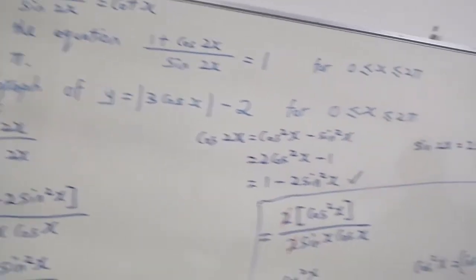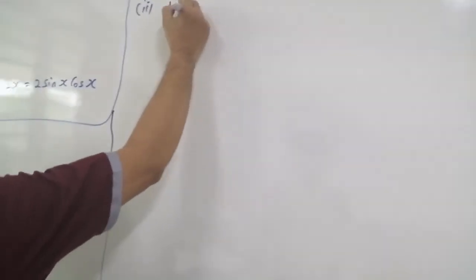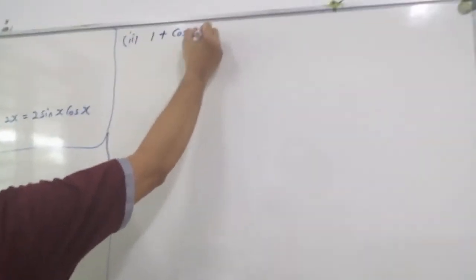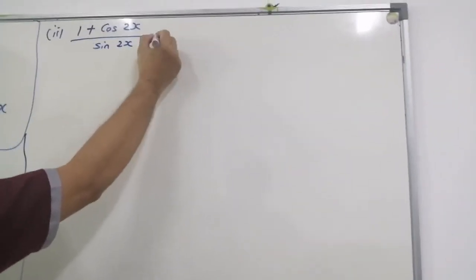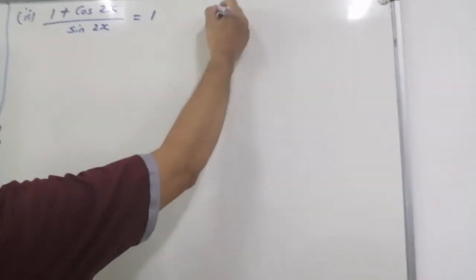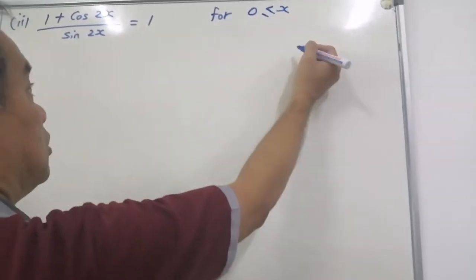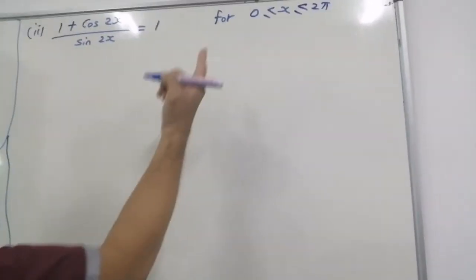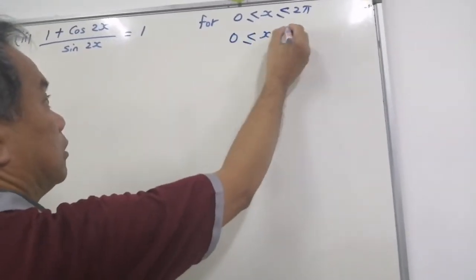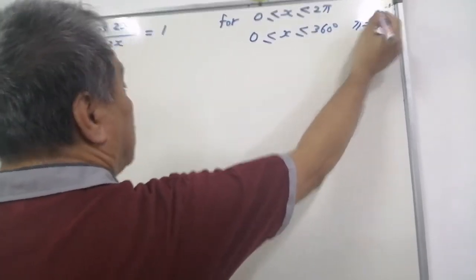So I take out the question first: 1 plus cos 2x over sin 2x should be equal to 1, for the range x more than or equal to 0 but less than or equal to 2 pi. If I change to degrees, x should be up to 360, because pi equals 180.